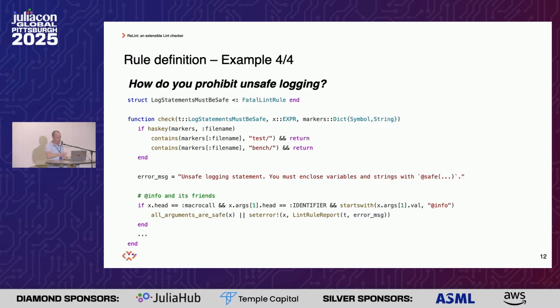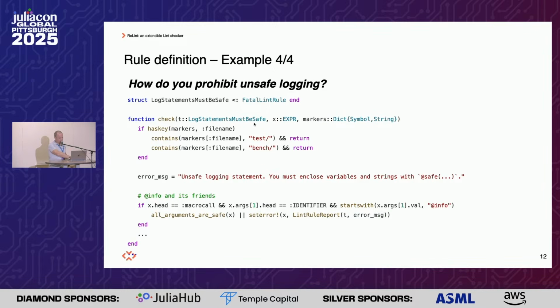This is a more complex rule, but the idea is, again, you create a new type, a subtype of, in that case, FatalLintRule. FatalLintRule means that if there are instances of that rule, then it will prevent the pull request from being merged. Something very important, I will discuss that later.